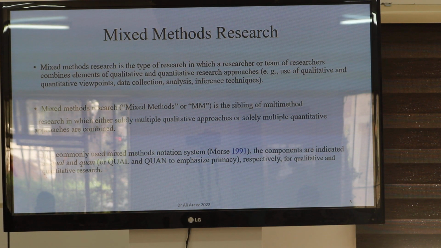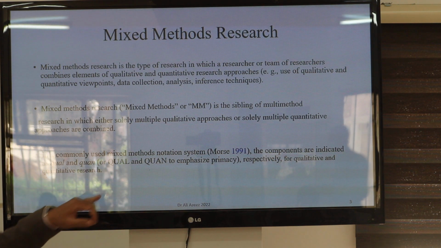So we can have two methodologies, two analyses, two types of results, but when we discuss, we need to see if they agreed on the same findings. So the point of integration that I prefer mostly is the discussion section.